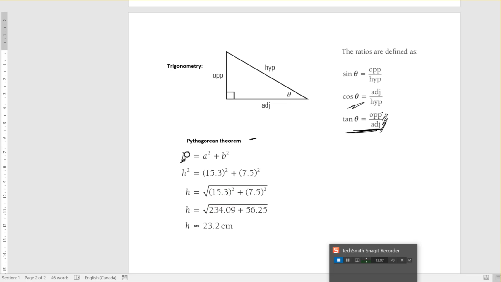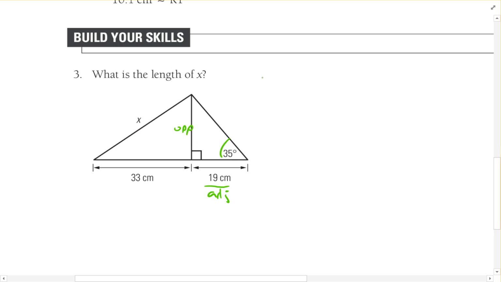So let's write that down: tan theta is equal to opposite over adjacent. Now let's fill in what we know. We know what the angle is, it's given to us right there. So we'll write tan of 35 degrees is equal to the opposite.